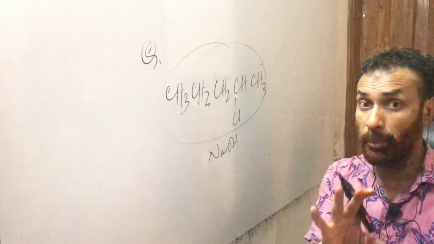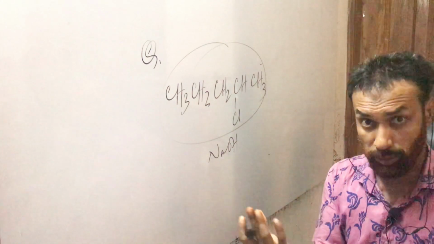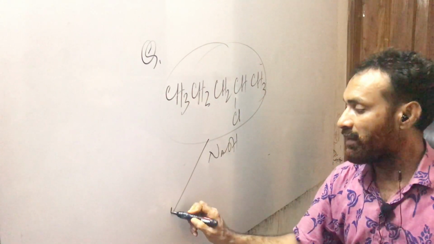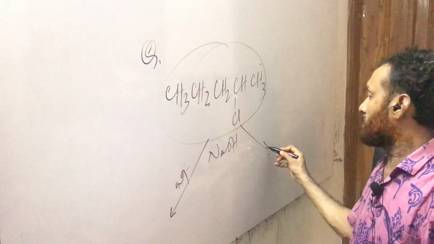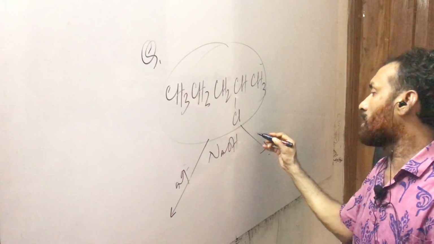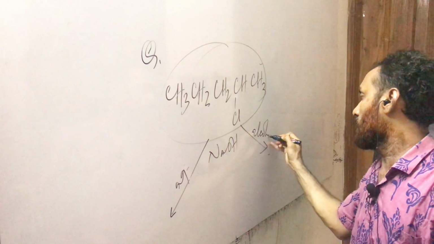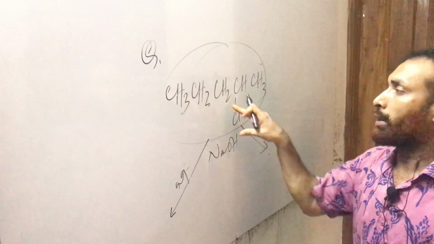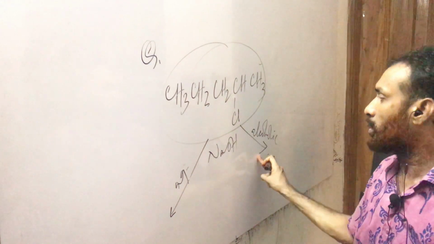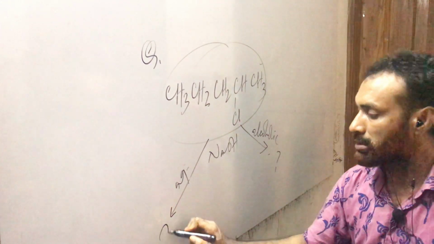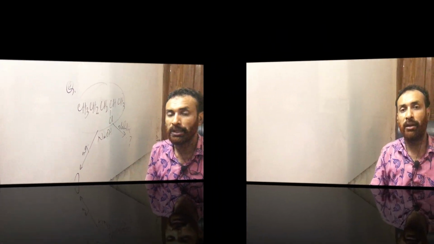Your job now is to draw the possible products, and I'm giving you the condition: this is aqueous, or the other option, dry or alcoholic. Again you heat sodium hydroxide with 2-chloropentane, but alcoholic. So what would be the possible products? Now you draw.